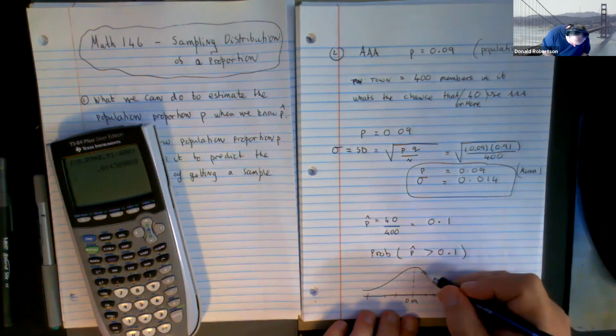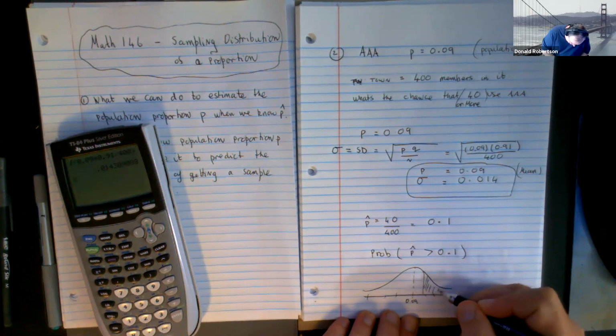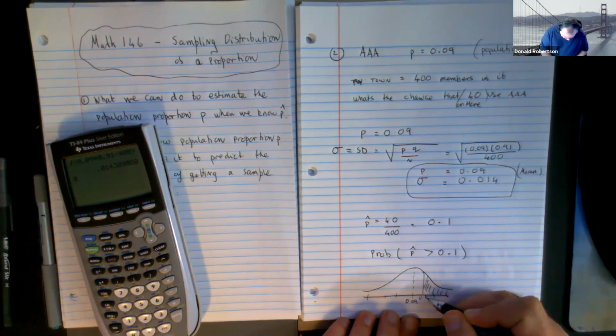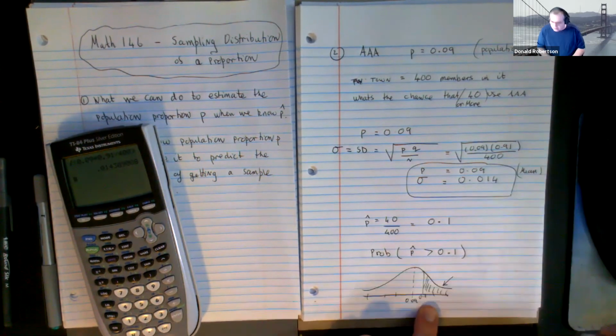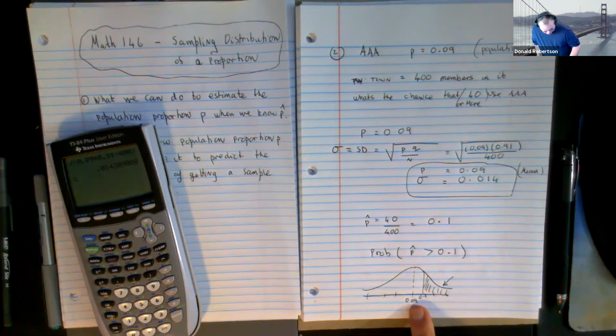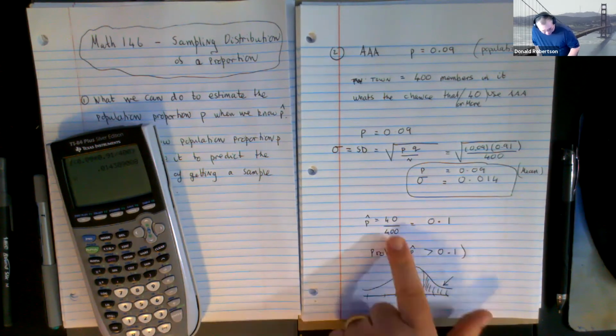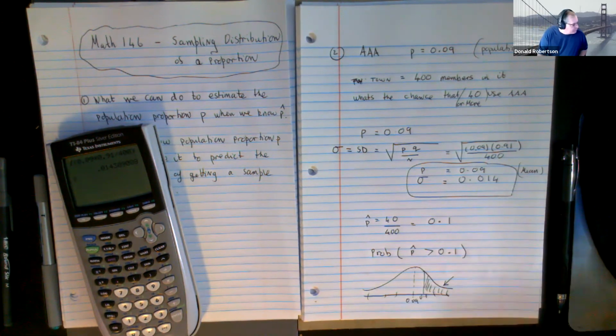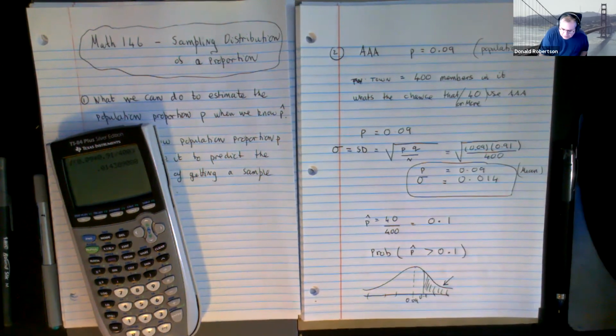All I need to do is realize that if we call this 0.1, isn't that the bit that I need? Bigger than 40 out of 400, bigger than 10%. So what I now have to do is nip over to WebAssign and get it to calculate that for me.